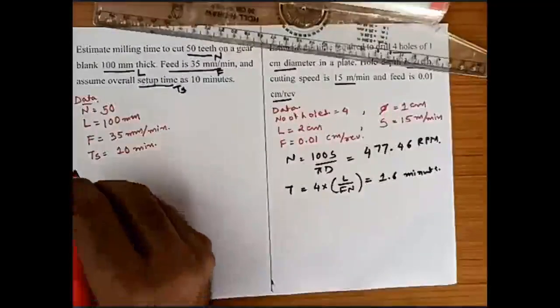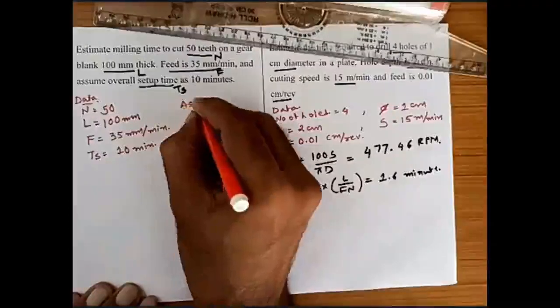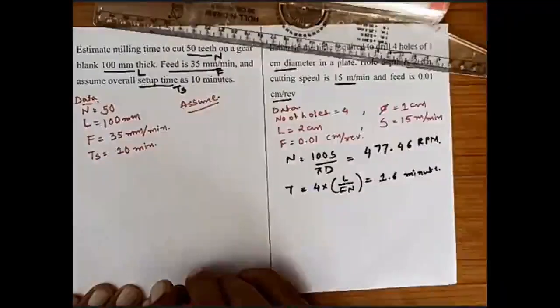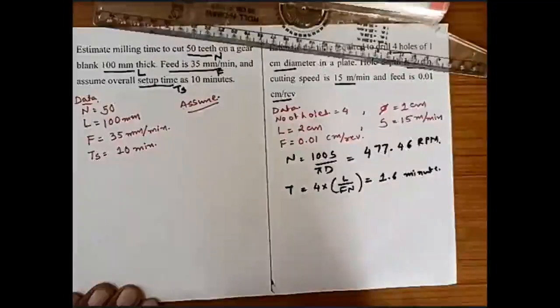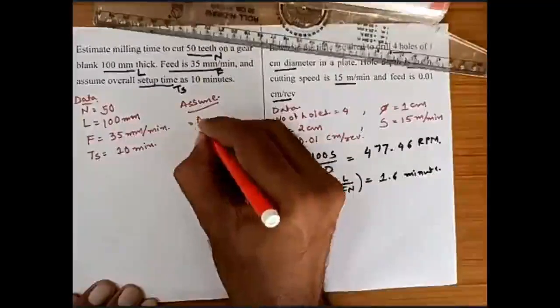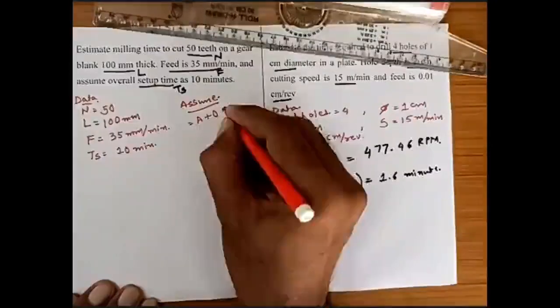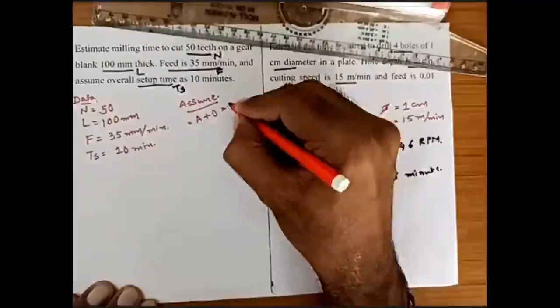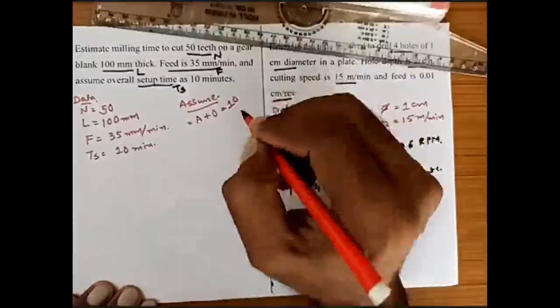Now assume here, in the milling operation we need approach and overrun. So assume the total of approach plus overrun is equal to 10 mm.